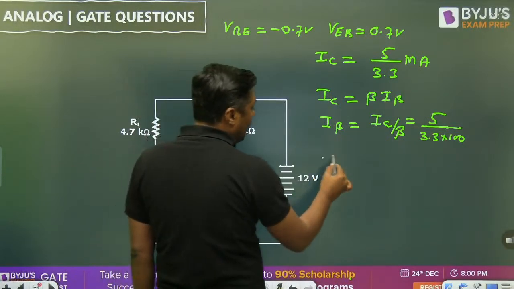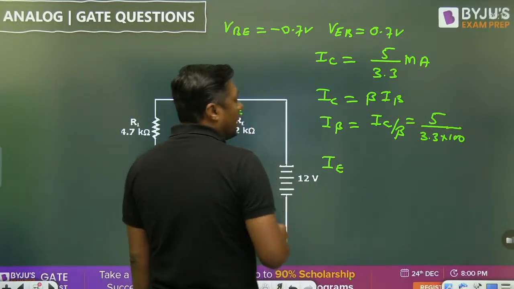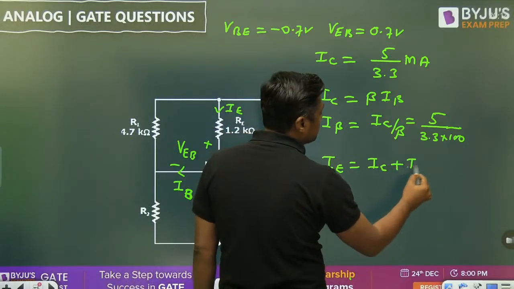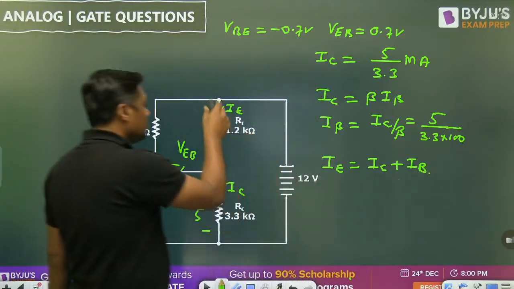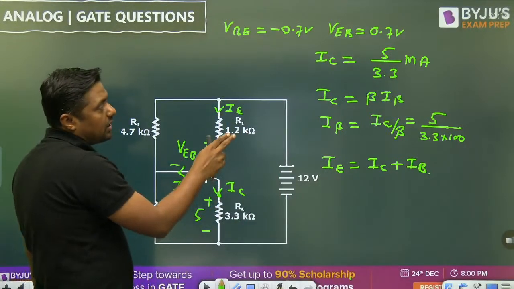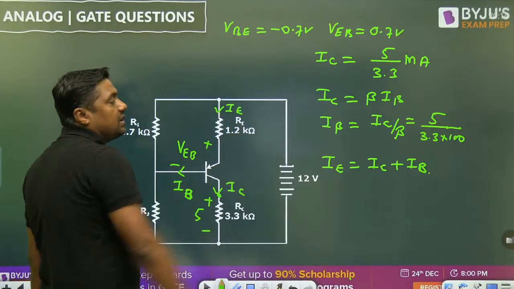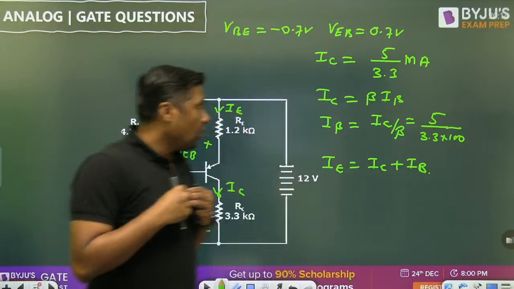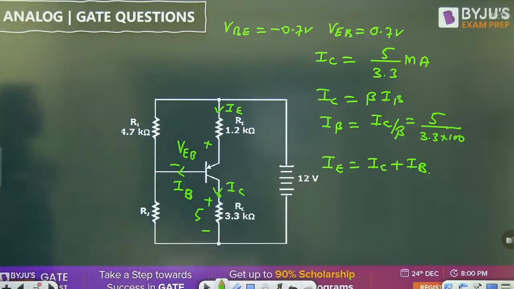Then what is the value of IE? IE is equal to IC plus IB. So you have the IB, you have the IC, then you can find the IE, that is IC plus IB. Okay. And now three currents are over.